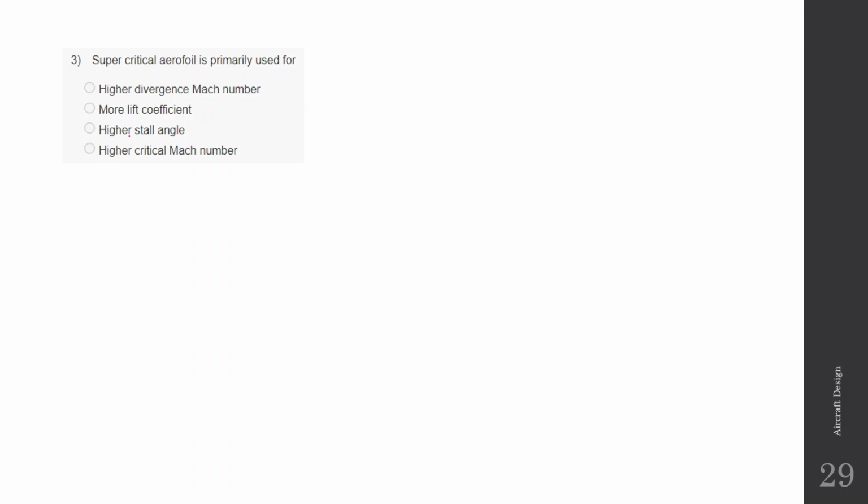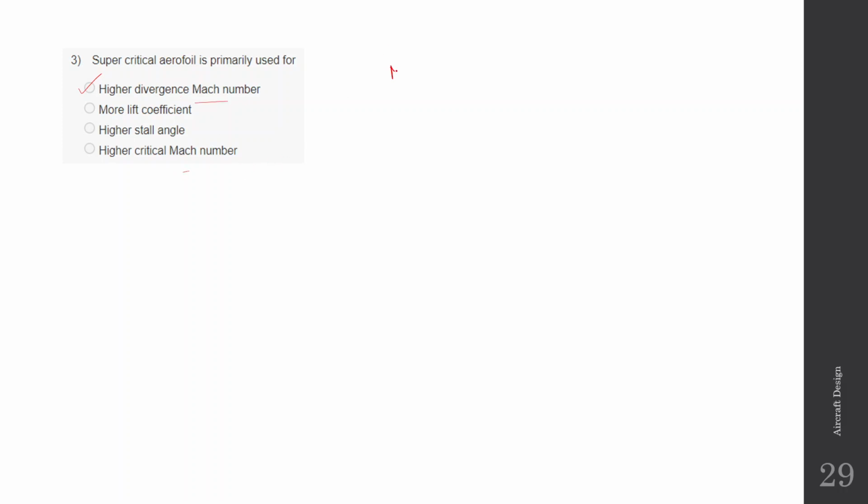So supercritical aerofoil is primarily used for higher drag divergence Mach number. It is not used for more lift coefficient or more stall angle. Now there is a confusion between drag divergence Mach number and the critical Mach number.